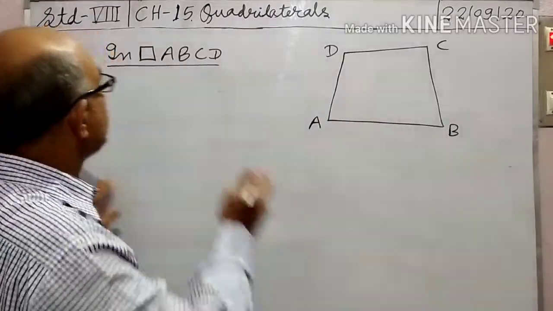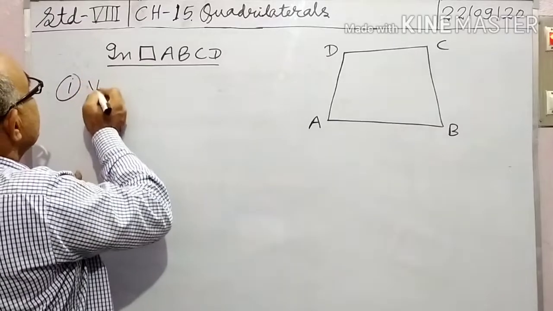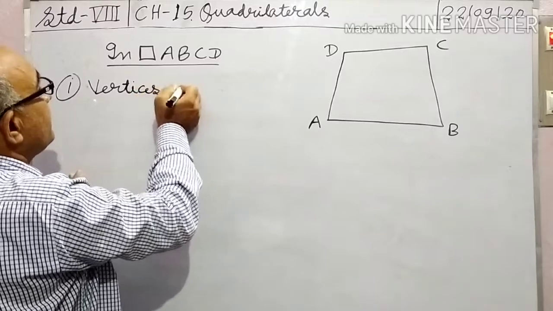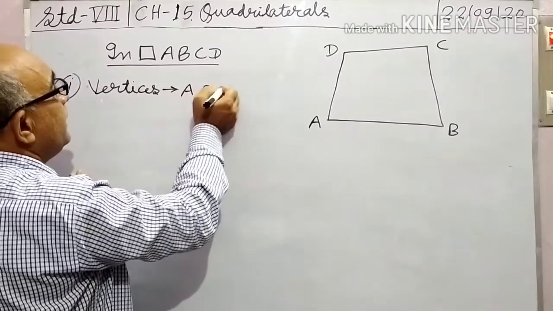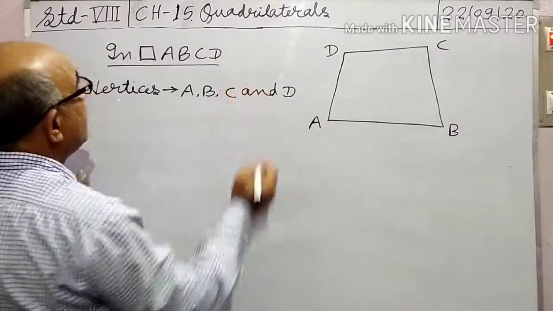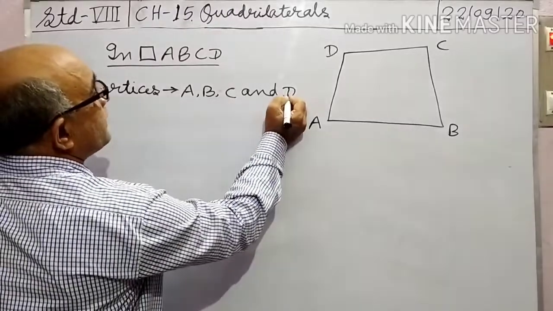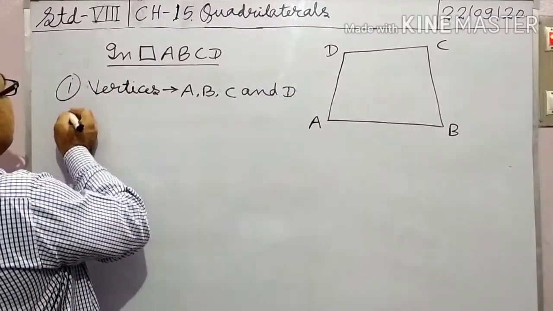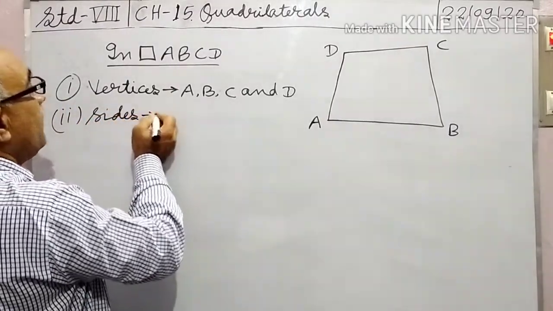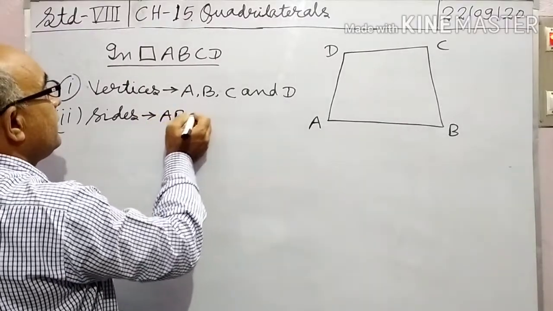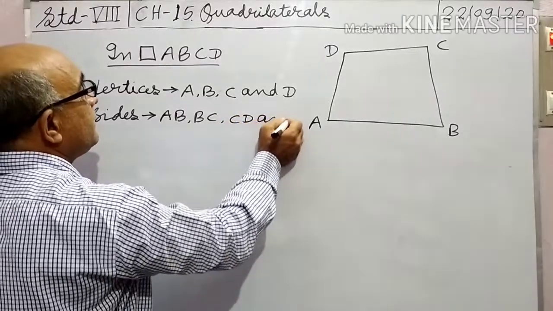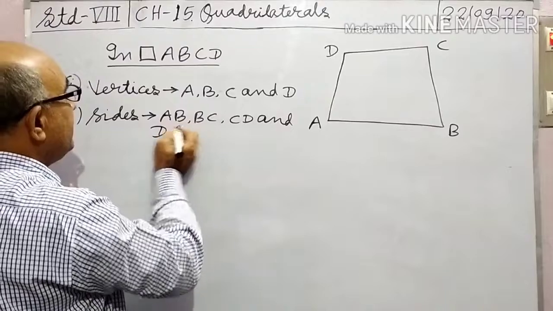In quadrilateral ABCD, there are four vertices: A, B, C and D. There are four sides: AB, BC, CD and DA.